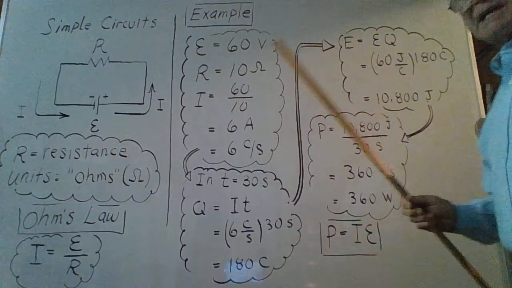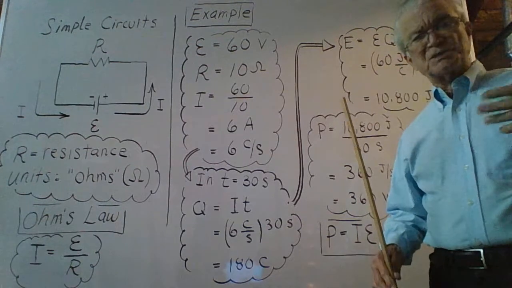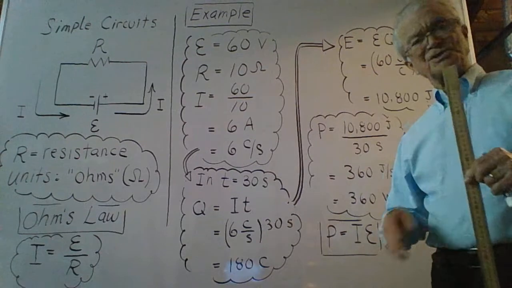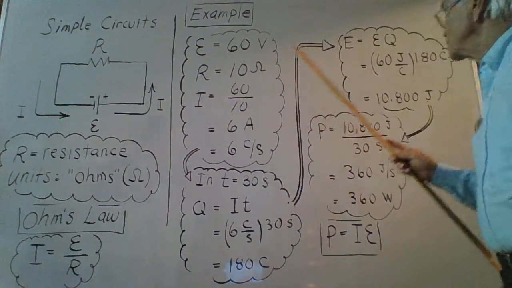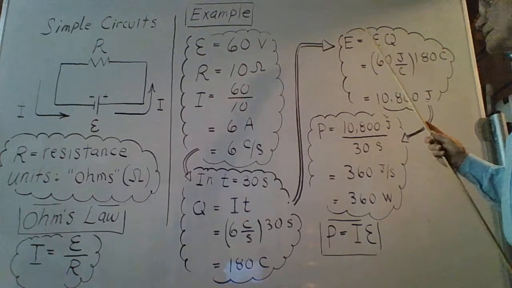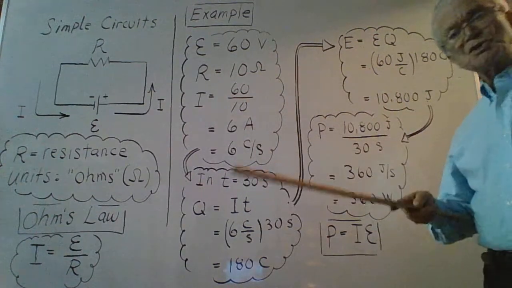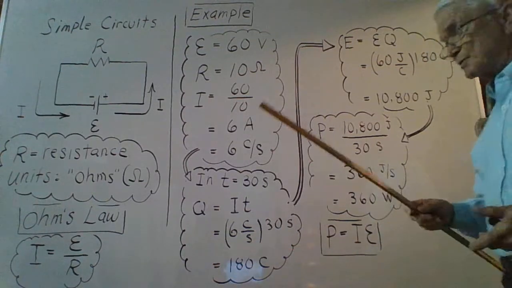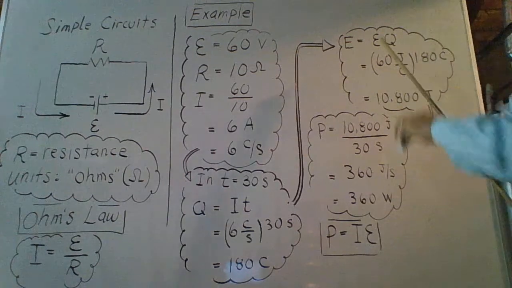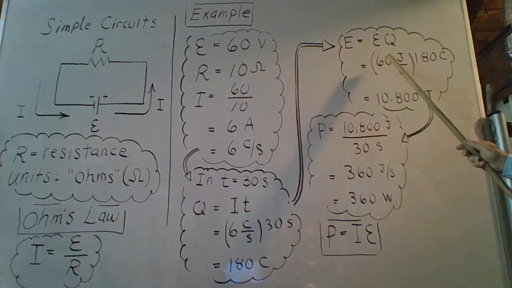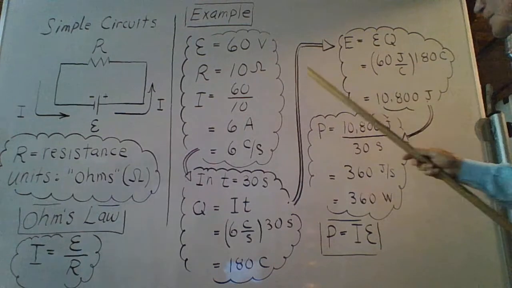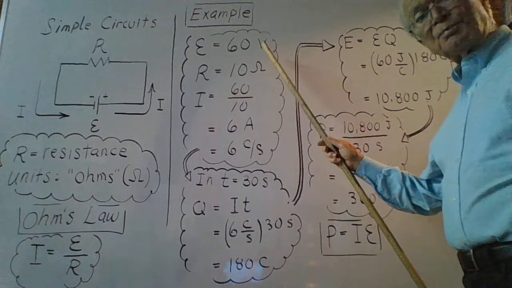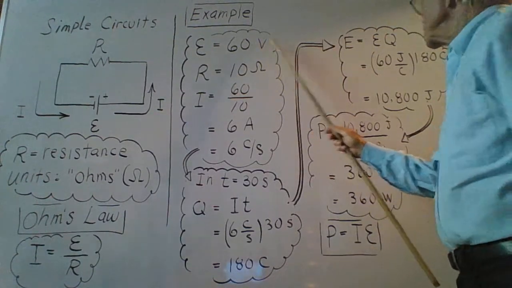The next thing I'd like to calculate is how much battery energy was expended. This is probably chemical energy that's used to push the charge around the circuit. You'll recall that the energy that is used to push 1 coulomb of charge out of the battery is just whatever the voltage of the battery is. Or you could take the voltage of the battery, in this case 60 volts, and a volt is a joule per coulomb, so we have 60 joules per coulomb here.